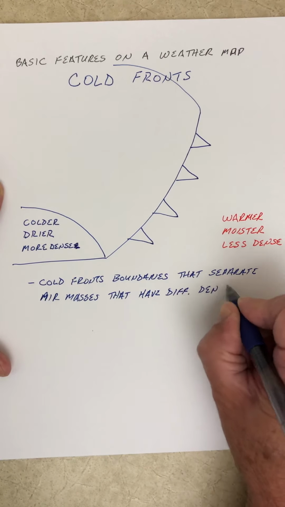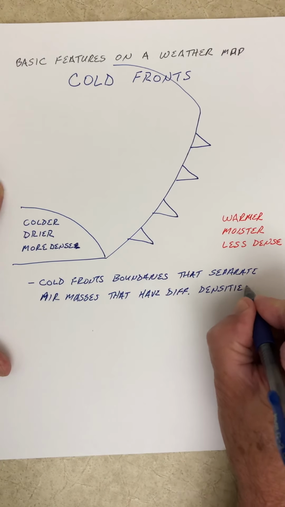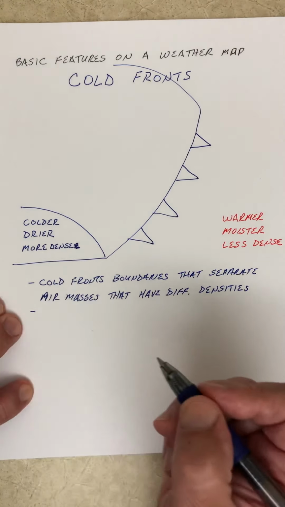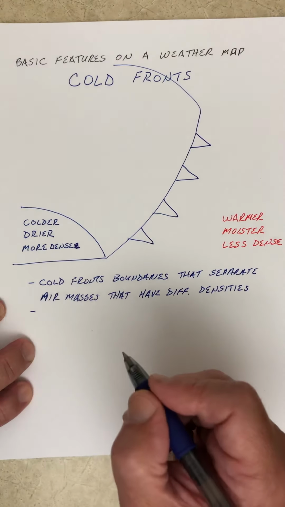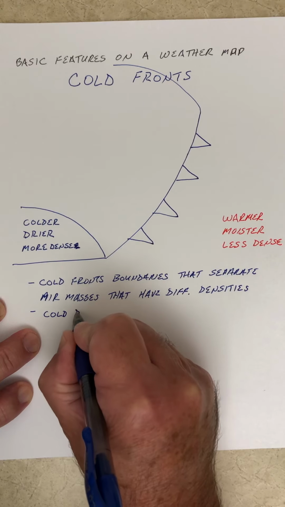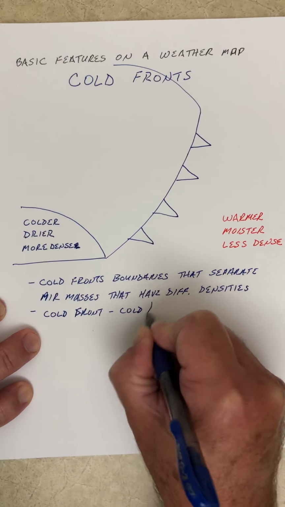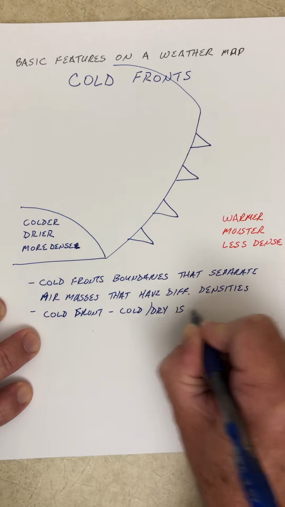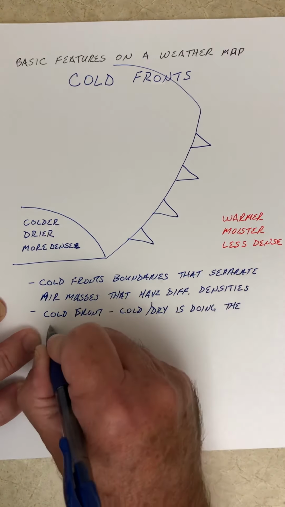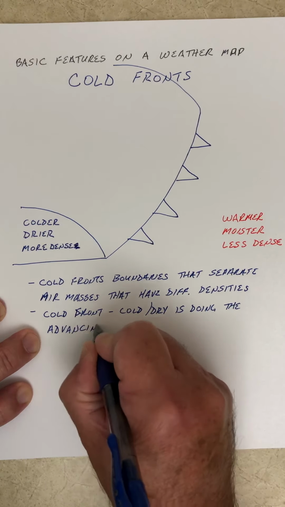And those different densities are going to be a function of the temperature and the moisture content of those air masses. Okay, so in this particular case, the cold dry air is doing the advancing. That's why we call it a cold front. So a cold front, the cold dry air is doing the advancing. It's moving into that warm, moist air.